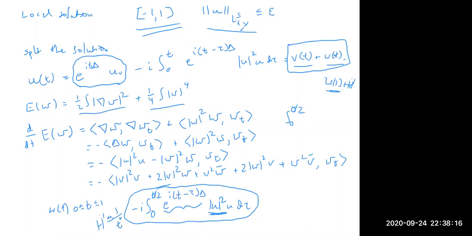Because if U is in H dot 1/2, then U is in L3, so three of them is in L1, then you have nice 1 over (T minus tau) to the 3/2 decay, and you integrate that from 0 to T over 2, where T is less than 1, and that's really good.